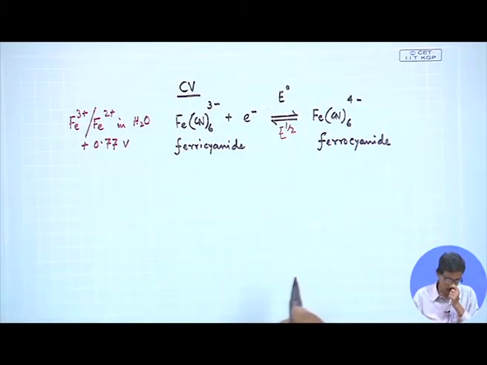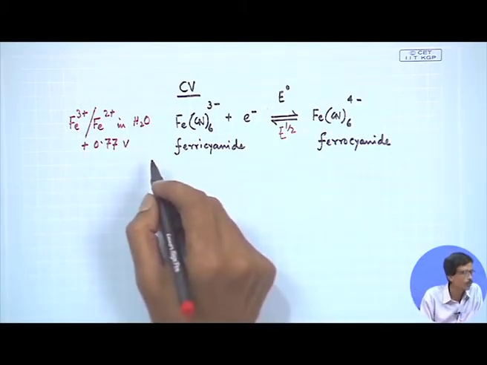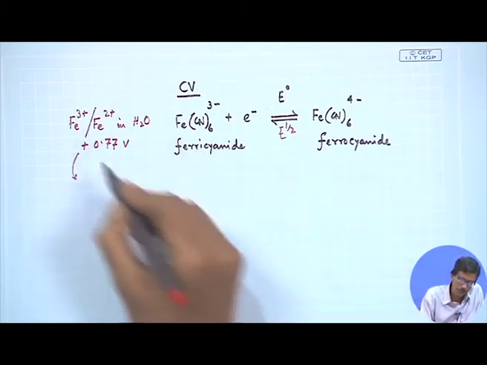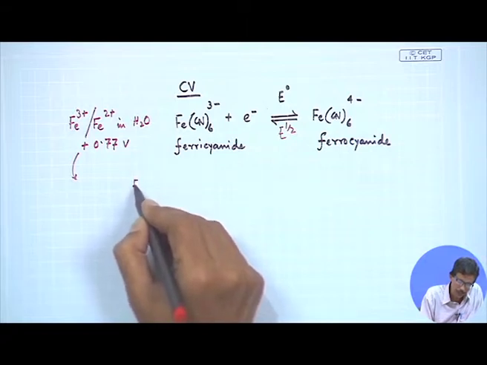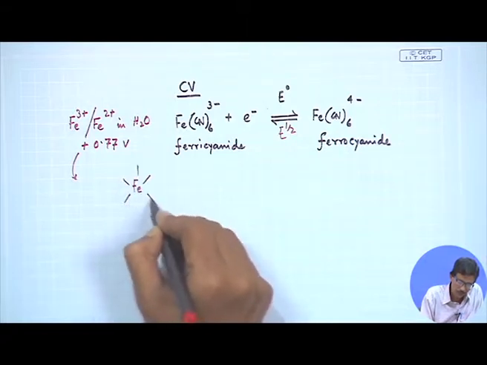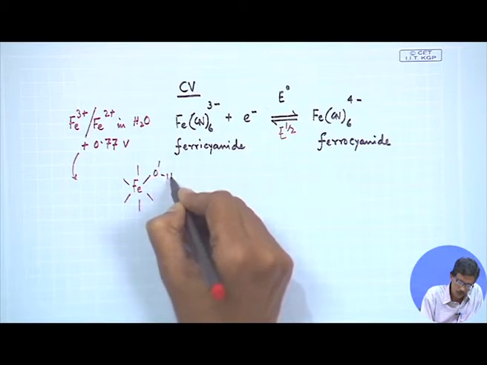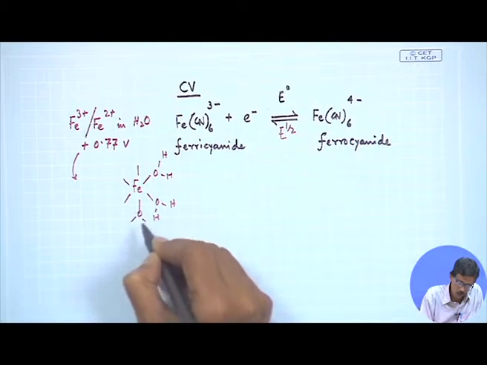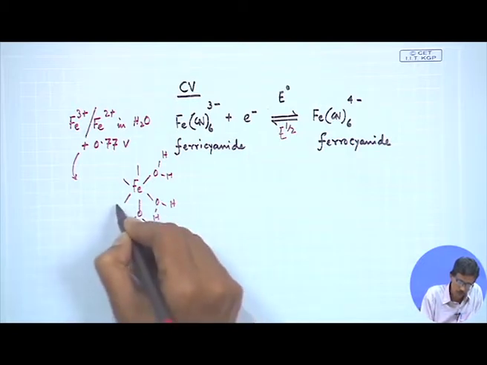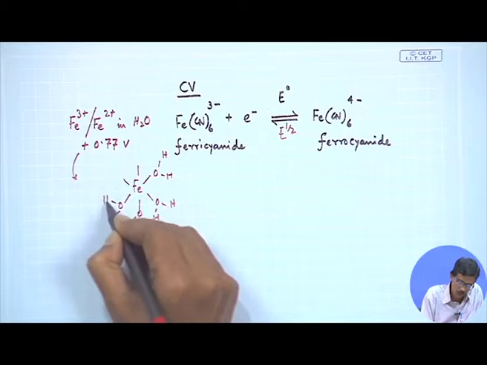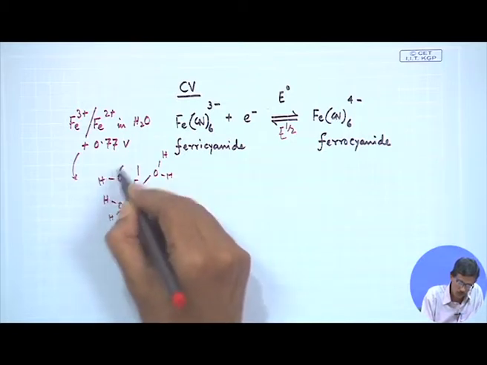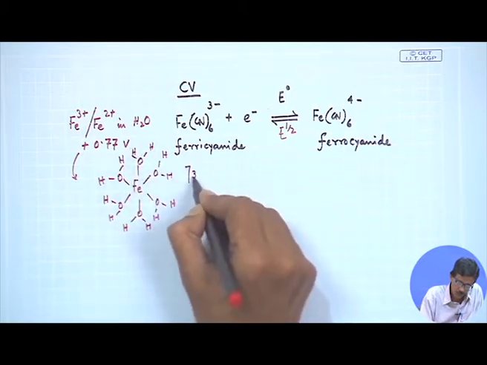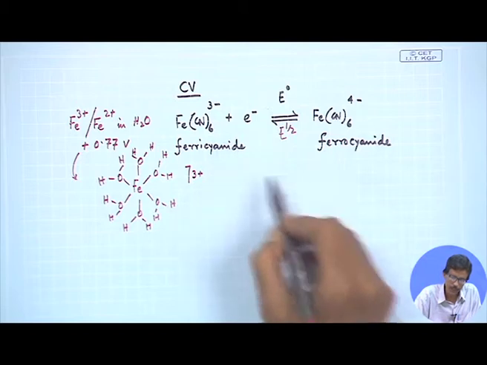And we have seen there also, because already we know the magnitude of the potential, that if you have, instead of this in water, water molecules surrounding, you have 6 iron-oxygen bonds. So these are the water molecules bound to your ferric ion, and these will all be replaced by cyanide groups.